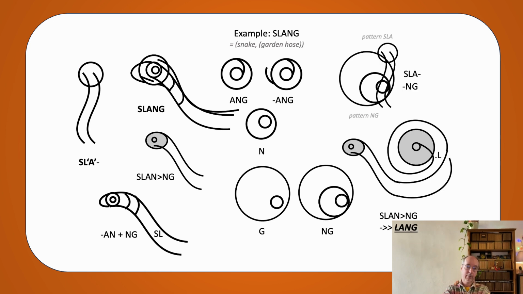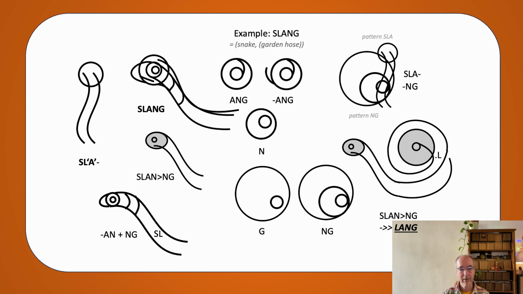And if I extend the possibilities, if I take angs together, or an and angs together, I have variations in between ang, slan, slang, that all fit within the limits of how we can have the structure of the snake.